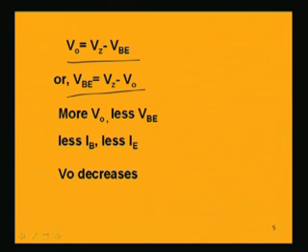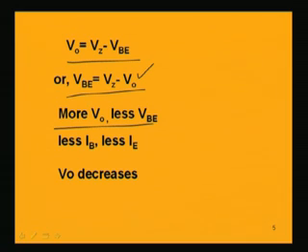If V naught is increasing because of some supply variation, then as the negative component of this equation increases, VBE will be decreasing. So if V naught is increasing, then VBE is decreasing.